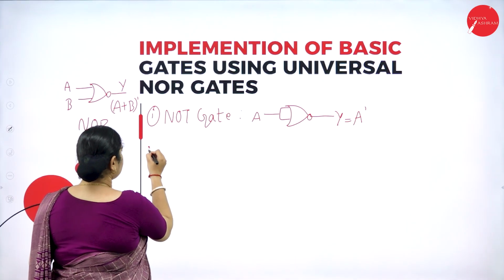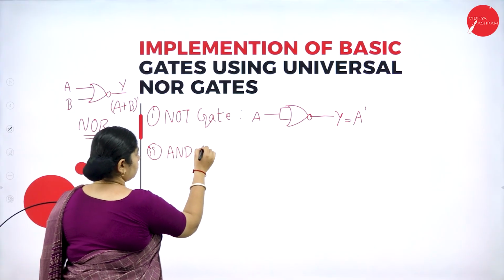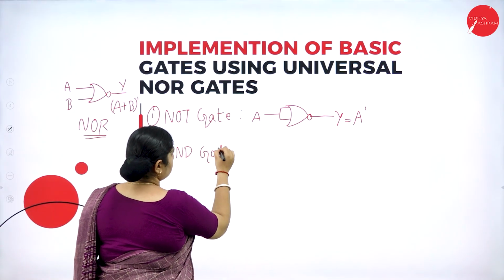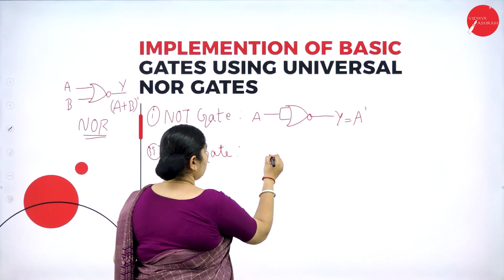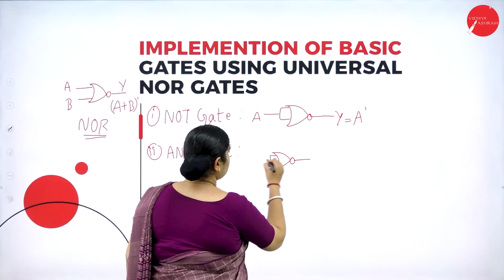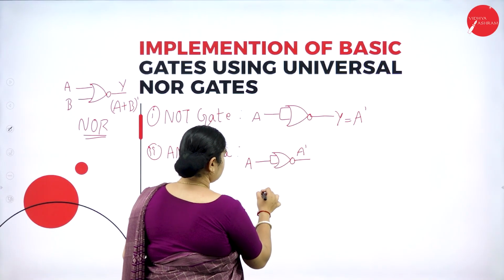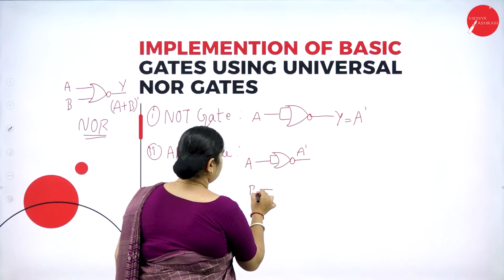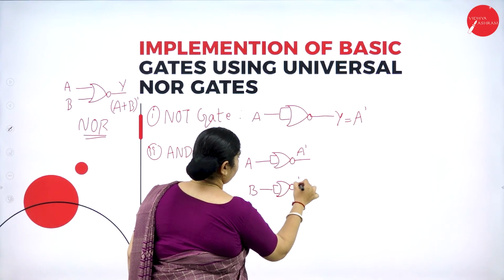Up next, that's an AND gate. In order to deal with this, we have to use a simple NOT gate for each and every input bit. So it becomes A bar and here it becomes B bar.